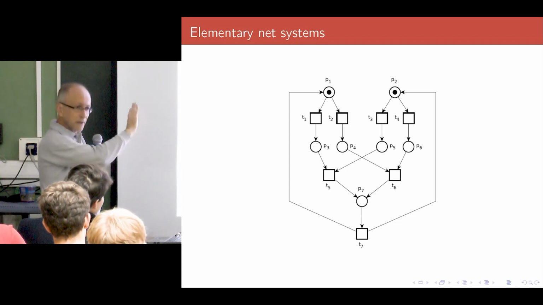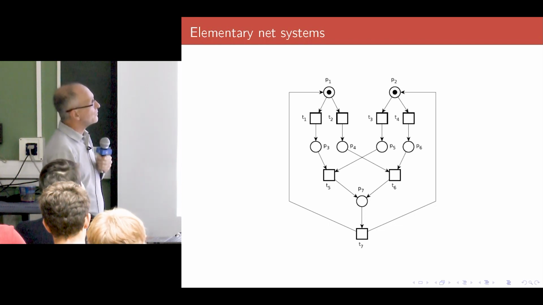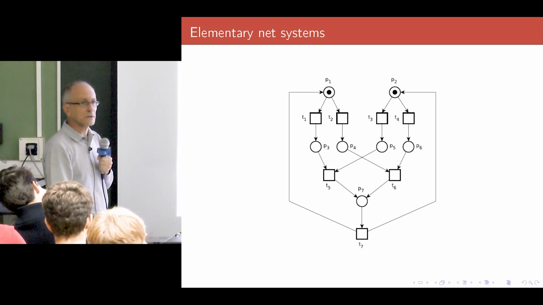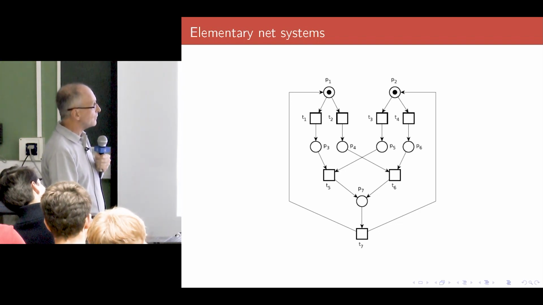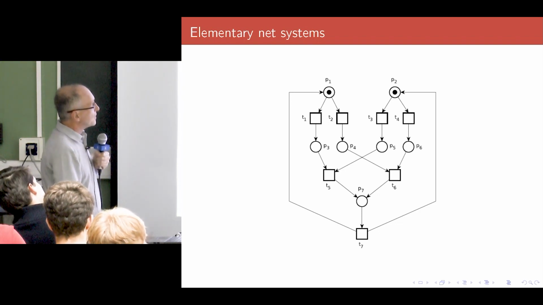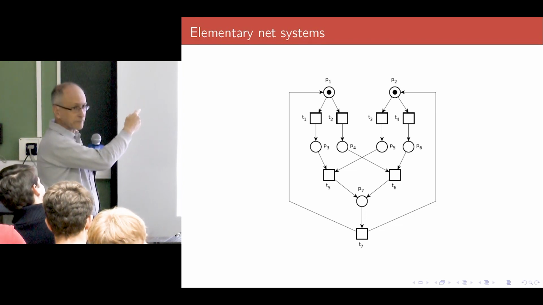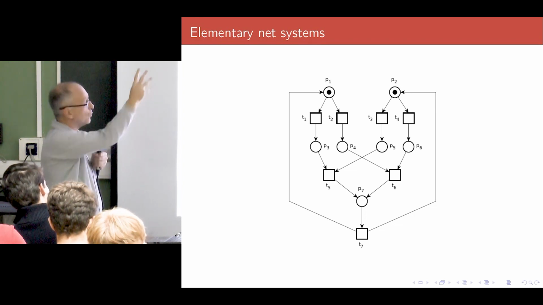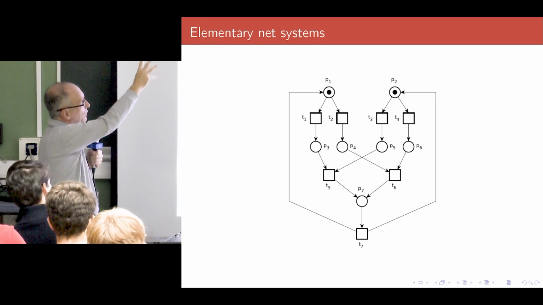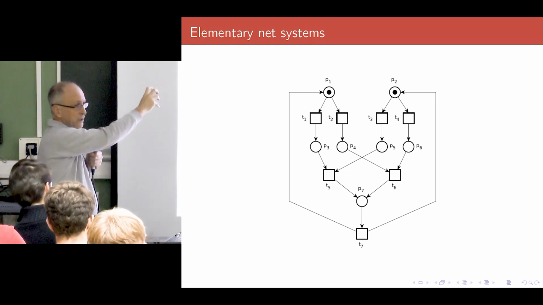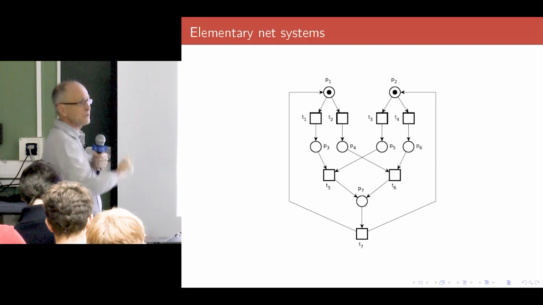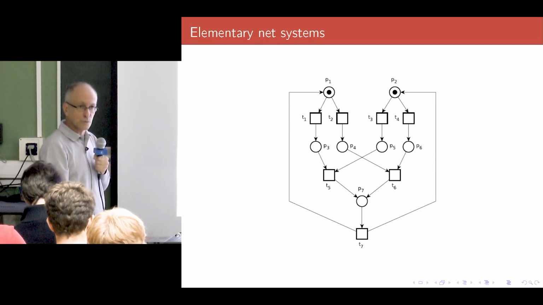And on the other hand, and independently, we can choose whether to fire T3 or T4, with, again, different effects. And for instance, if we choose T1 and T3, then P1 will become false and P3 will become true, P2 will become false, P5 will become true.